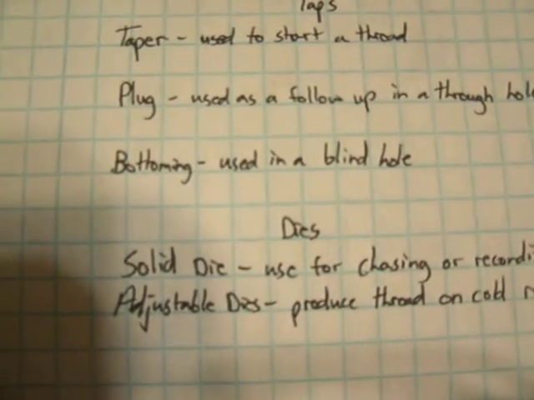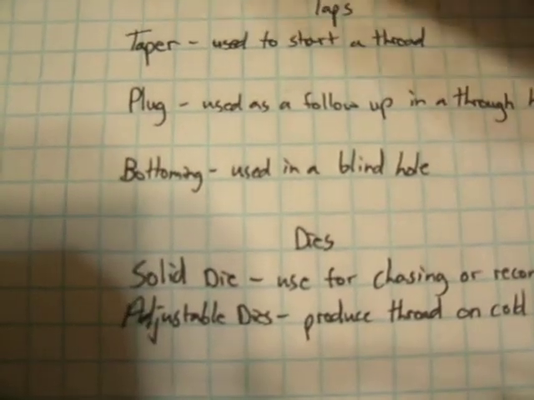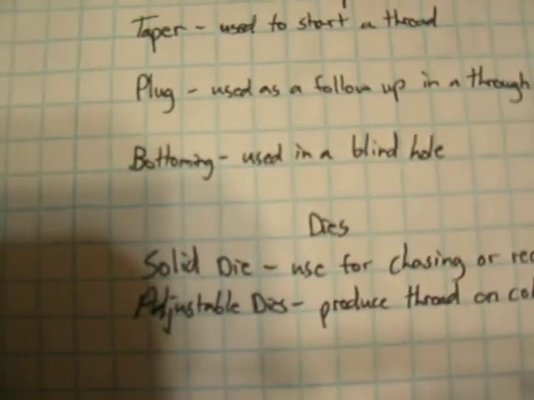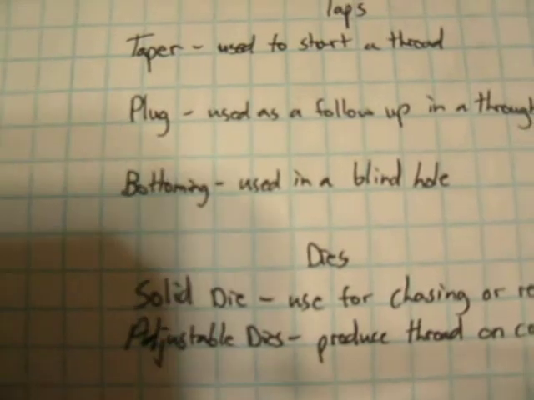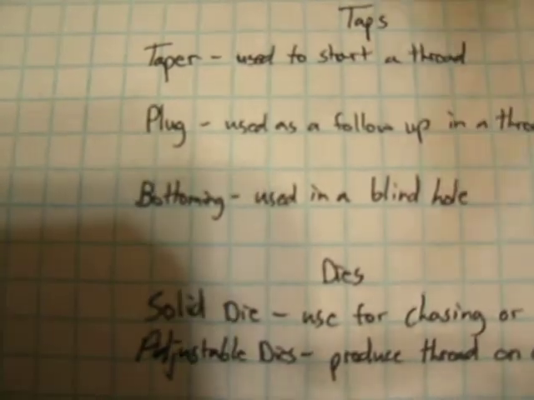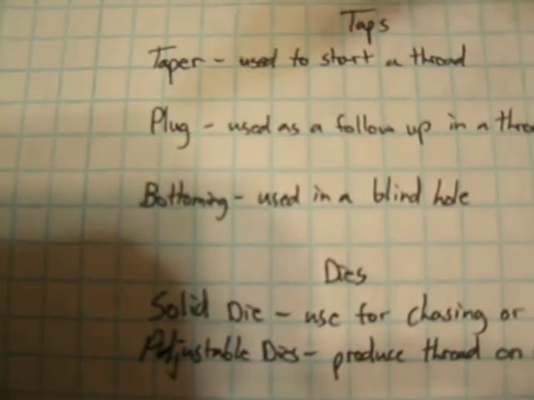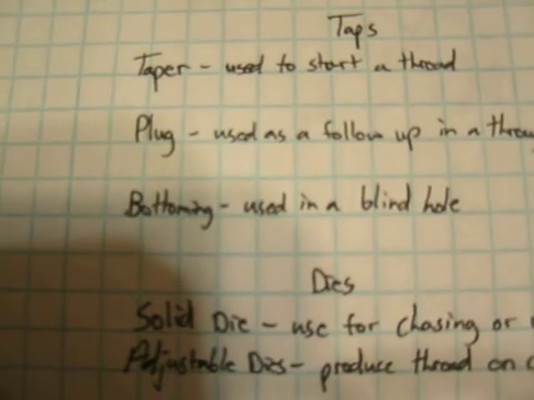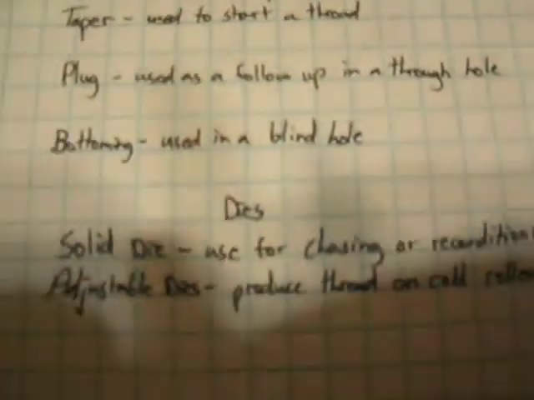You'll go in there until the taper tap bottoms out, and then you'll pull that back out, take a bottoming tap, and run it in there until it bottoms out, and you'll have the most amount of thread you can get into that 1-inch depth. So it's used more for blind hole tapping.